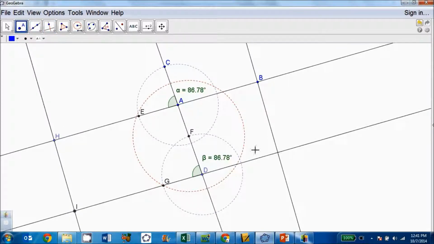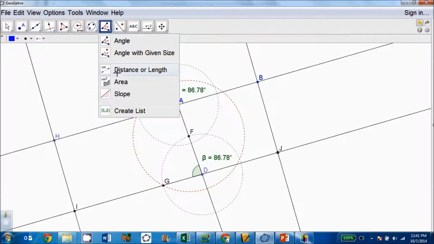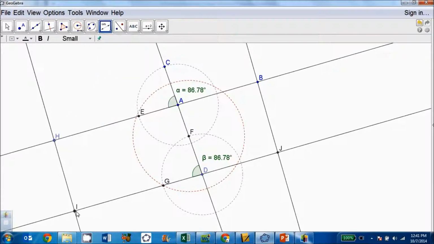So if the distance from this point to the opposite side is the same, then we win. We have perpendicular lines. This is an oversimplification of the proof for this, but it's the general idea. So we show it twice and then we go ahead and assume the case is true.